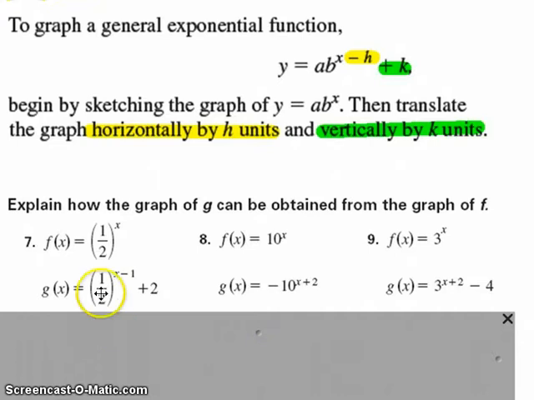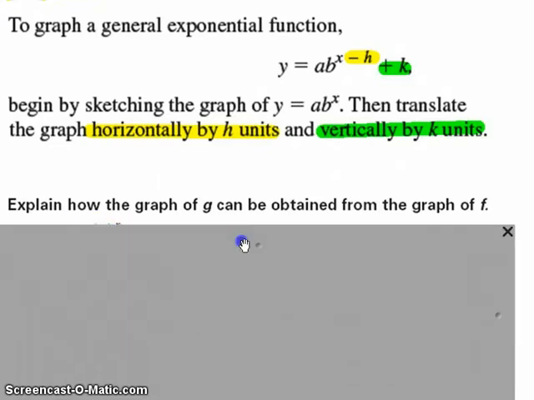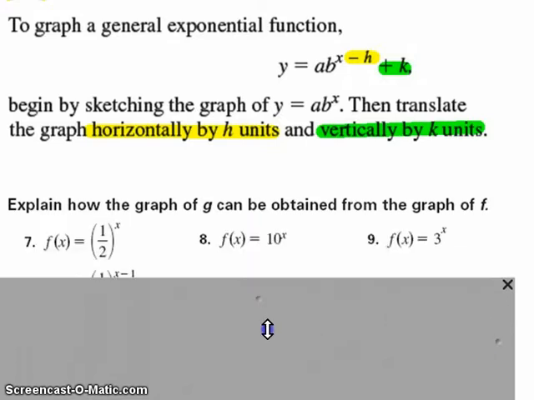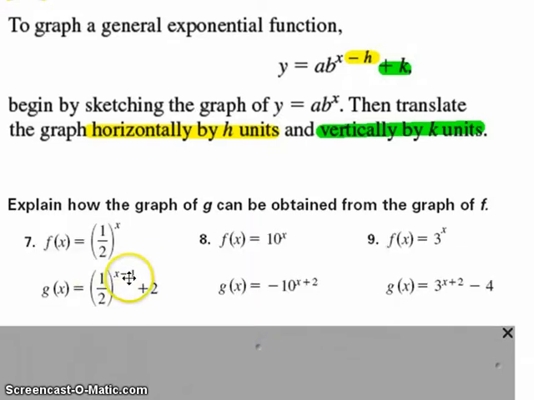So, as an example, if I'd had as my original 1/2, let's just cover up 8 and 9, and let's just look at 7. No, I guess we have to, unfortunately, the way I have it set up. In this case, g is going to be 1 space to the right and 2 spaces up from whatever generic graph I would have drawn for this.